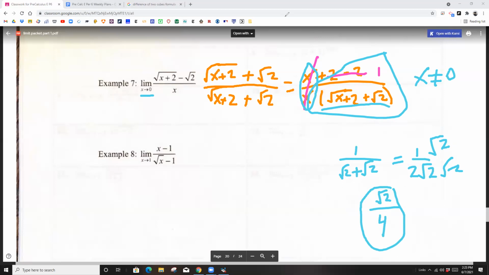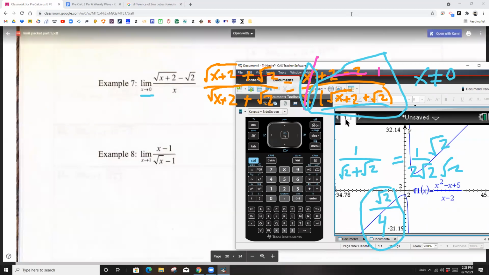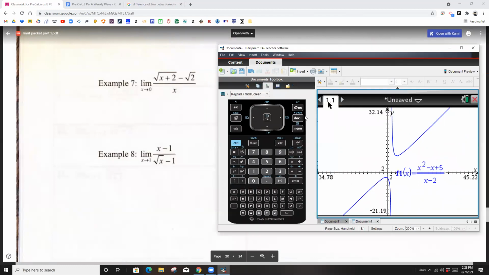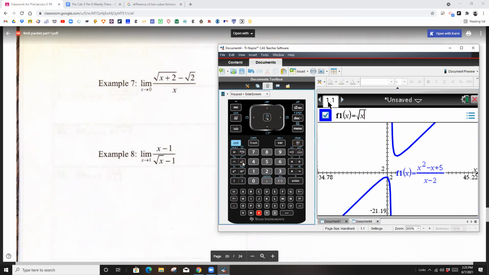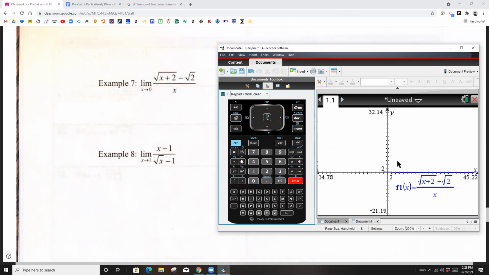So again, you can confirm that with a graph. If you wanted to double check this, we got root 2 over 4. So if we graph the square root of x plus 2 minus root 2, that whole thing divided by x, and look at what's happening around 0.